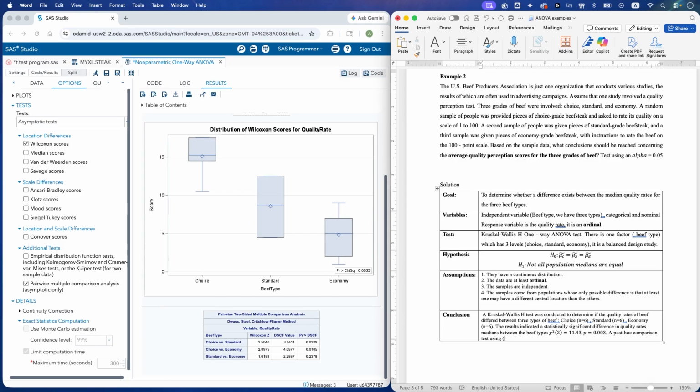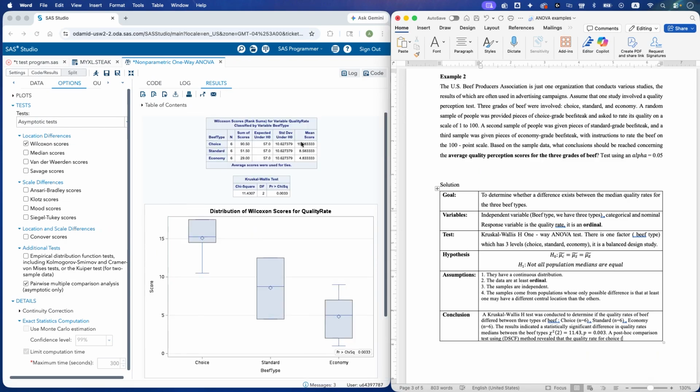Using the DSCF method showed, or revealed, that the quality rate for choice, let's report the mean rank of the choice, which is 15.083.